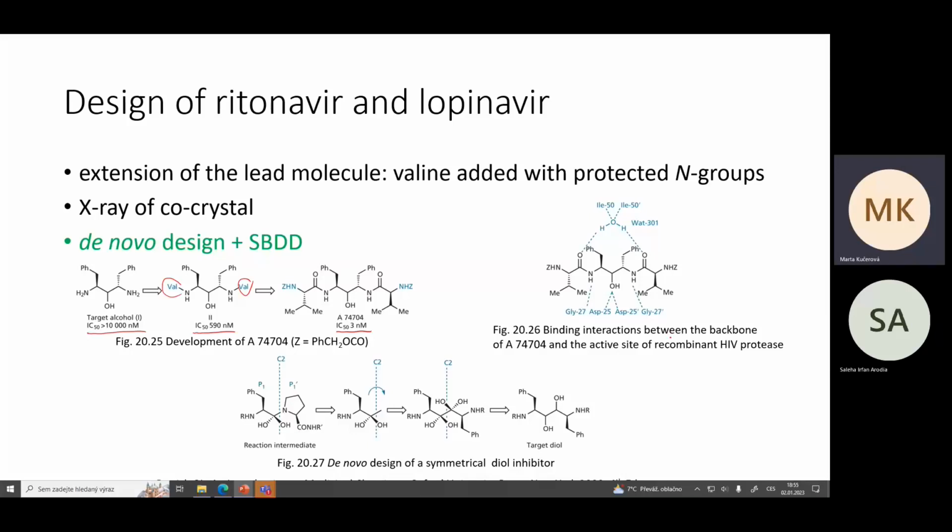And they were able to get an X-ray of a co-crystal of the inhibitor with the protease, and they started again to enlarge the middle part of the molecule with the hydroxy group, and started the symmetry on the carbon-nitrogen bond. So they produced a target diol.